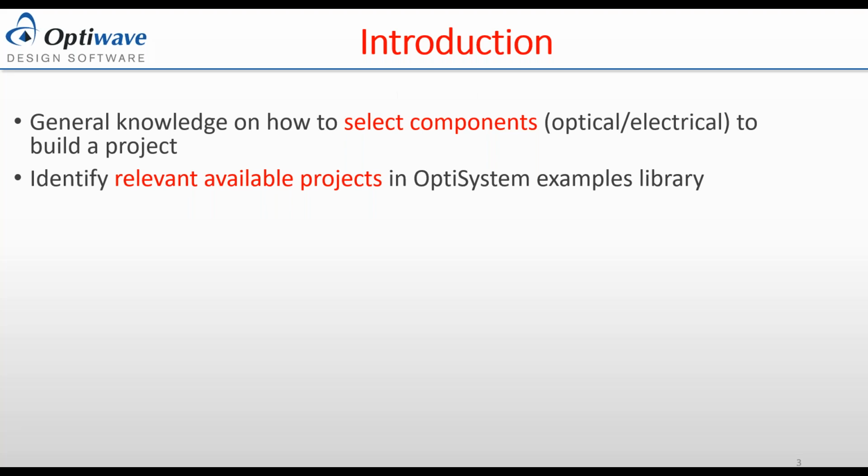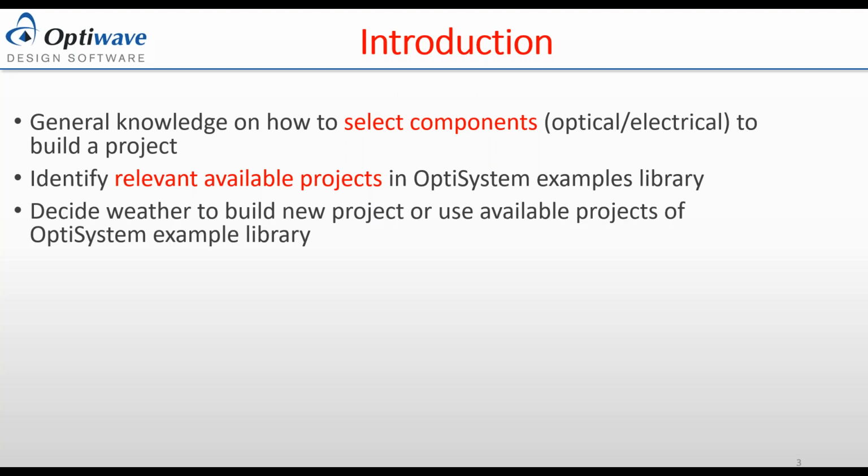And then we also talked about the example library, which is important for anyone who wants to build their projects on it, or use it as a basis for their examples.